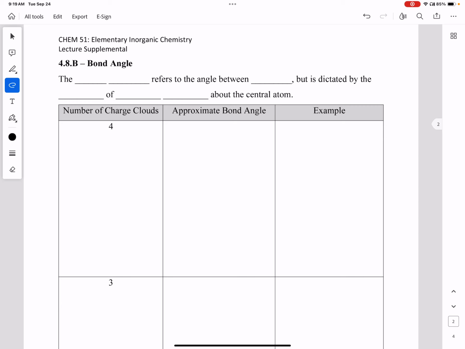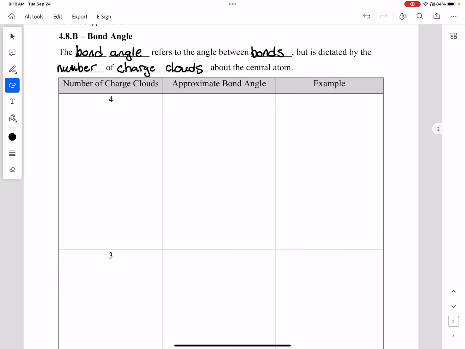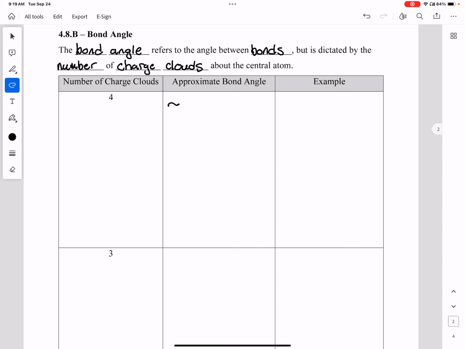Now let's look at bond angle. So the bond angle refers to the angle between the bonds, of course, but it's dictated by the number of charge clouds. Okay, so if we have 4 charge clouds, our approximate bond angle is 109.5 degrees.